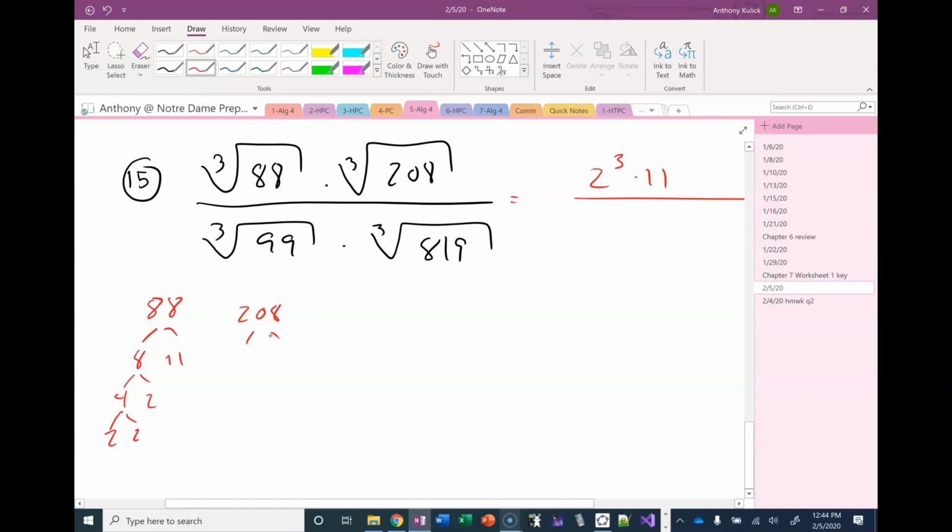Now let's do the 208. How can I split that up? Well, it's even, right? So I certainly can divide it by 2. 2 and 104, right? Okay, 104, can I split that up?